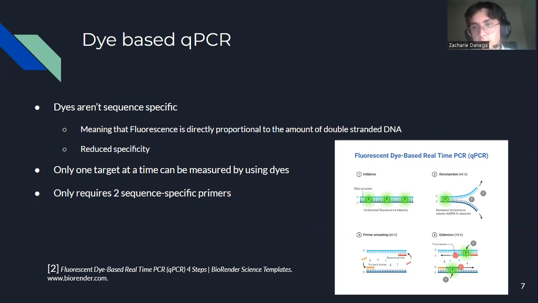So that's going to affect your results. So it has reduced specificity, and you can only have one target. Like I mentioned earlier, it's not specific, and it only requires two sequence-specific primers. That's the gist of it.